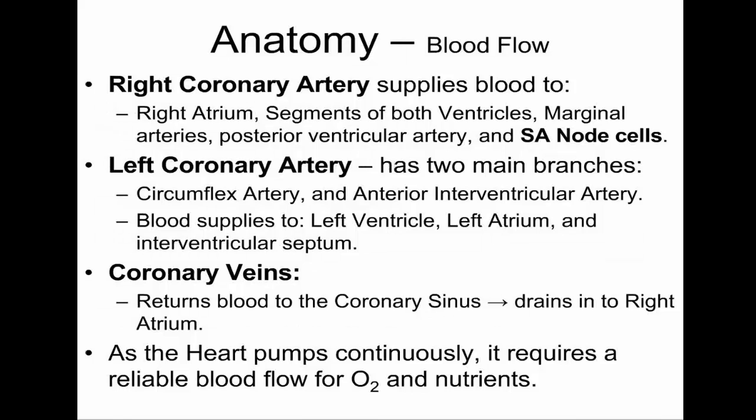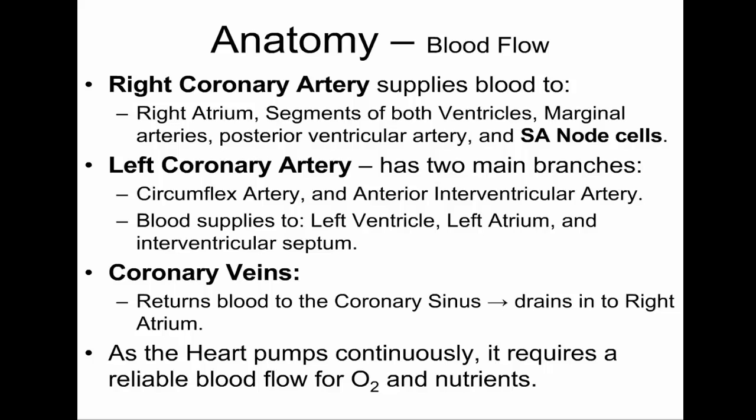So the right coronary artery supplies blood to the right atrium and segments of both of the ventricles, and there are also parts of the sinoatrial cells that we'll talk about in the next lecture. The left coronary artery has two main branches, the circumflex artery and the anterior interventricular artery, and both of these supply the left ventricle and the left atrium.